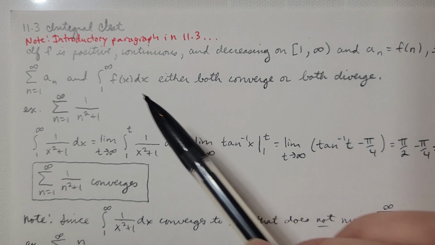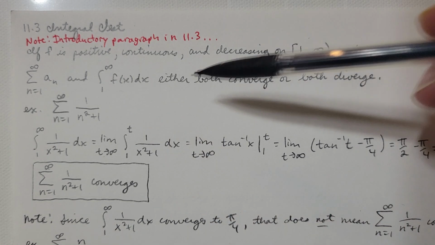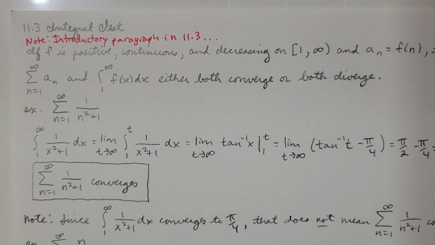Condition 1 is positive on the interval. Here we're on the interval 1 to infinity, and yes, we're going to be positive for all values of n on that interval. We're also continuous on the interval 1 to infinity.